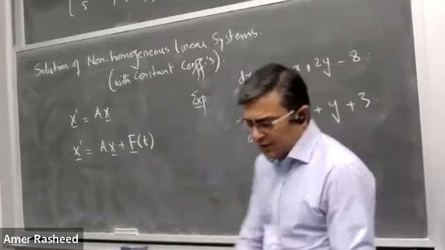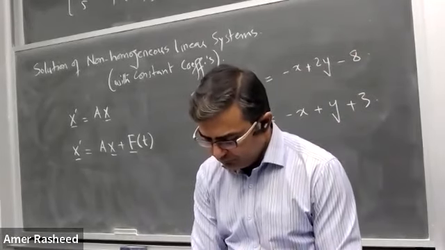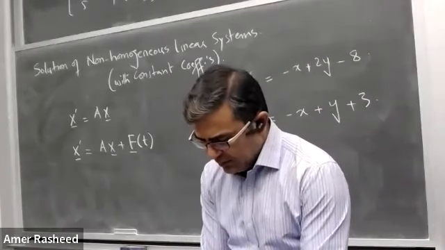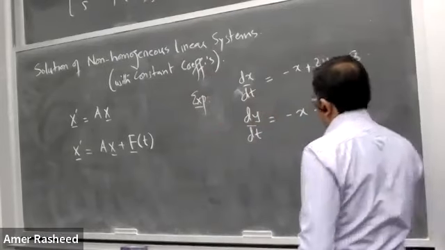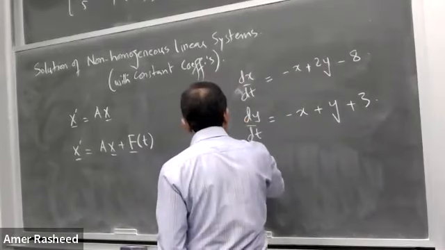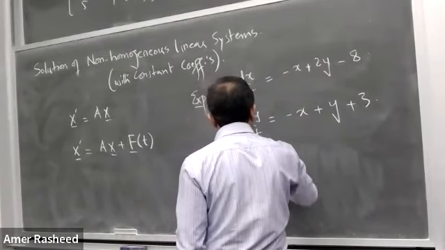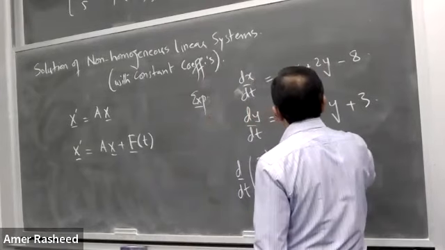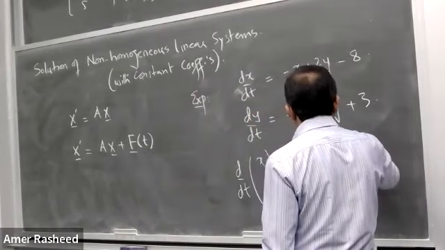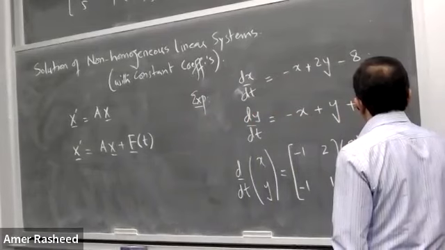So this is a non-homogeneous linear system. And this can be written as d/dt of (x, y) equal to the matrix (negative 1, 2; negative 1, 1) times (x, y) plus (negative 8, 3).